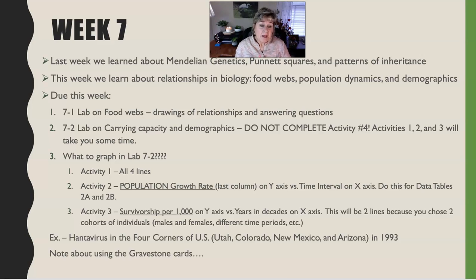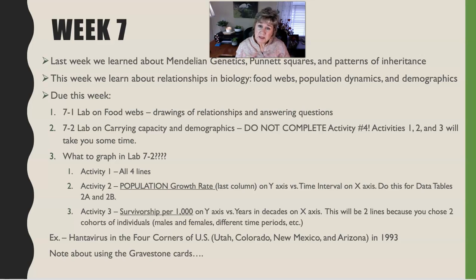All right. And I want to give you an example of how populations can change and what effect a population can have, even on human beings, when the population gets out of control. So back in the 1990s, in 1993, there was an outbreak of a pneumonia type of infection.